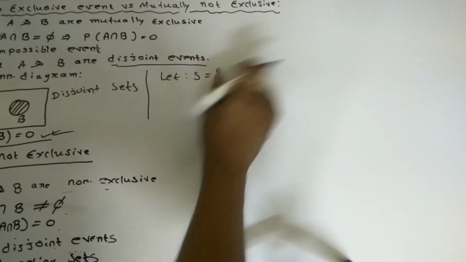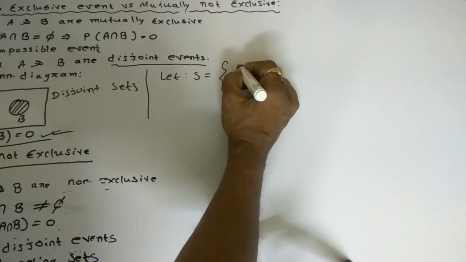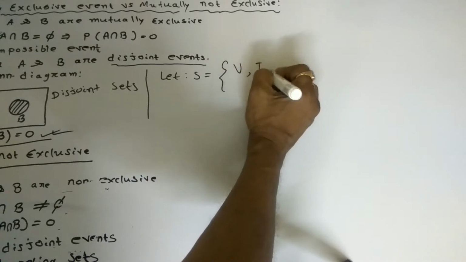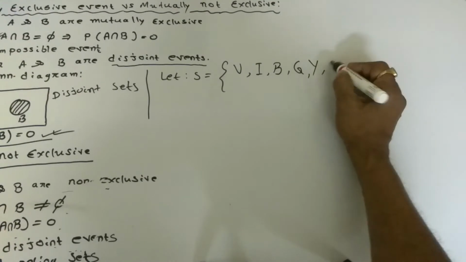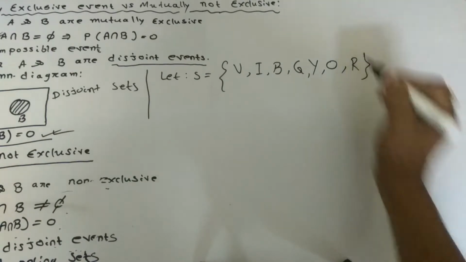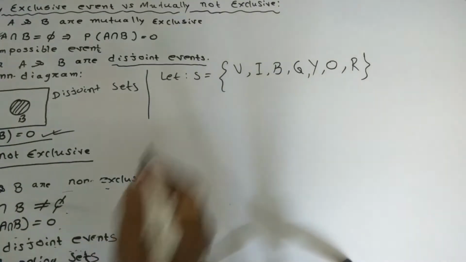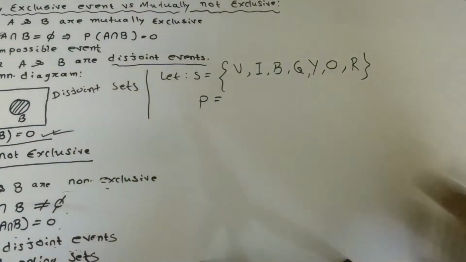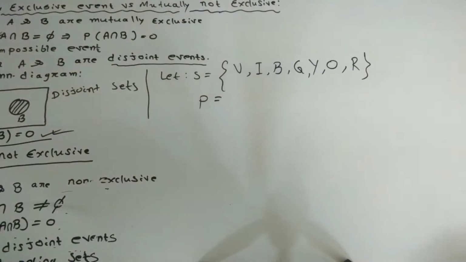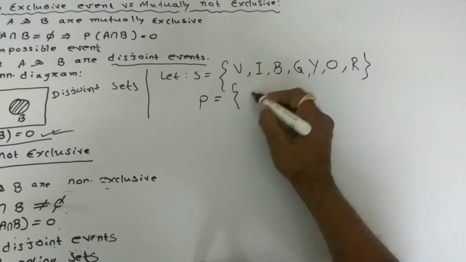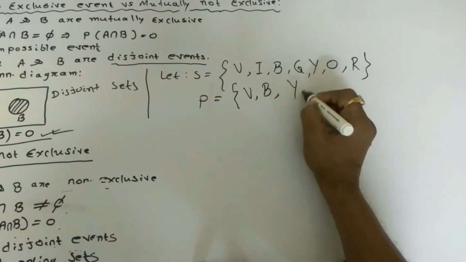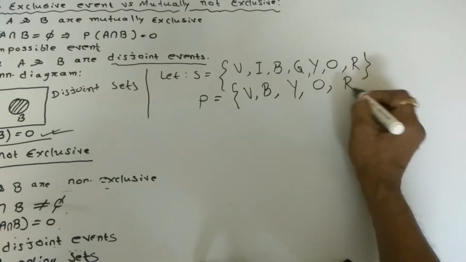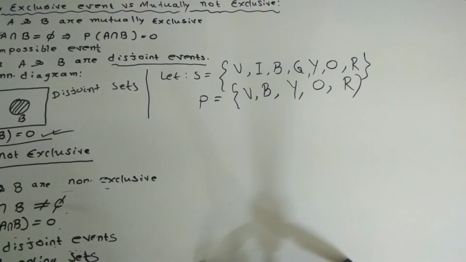Suppose the sample space is the seven colors: violet, indigo, blue, green, yellow, orange, red.